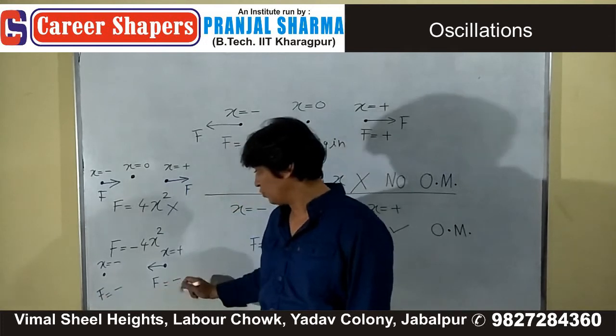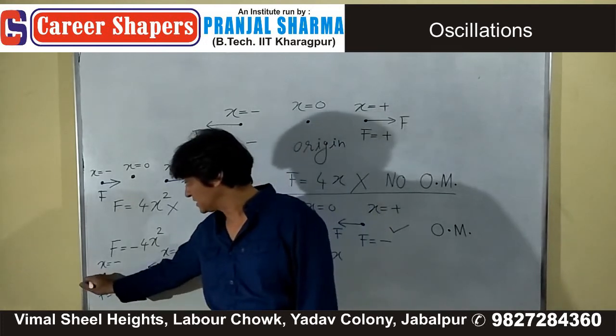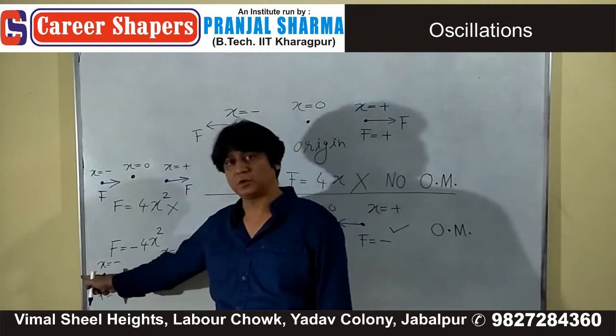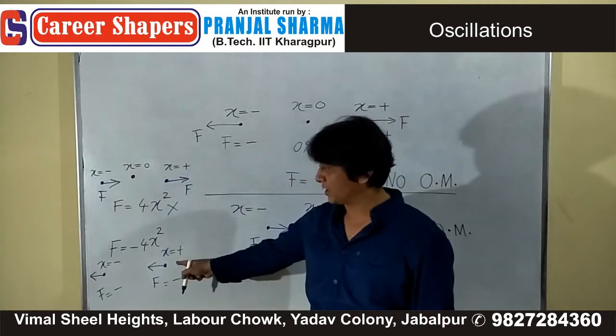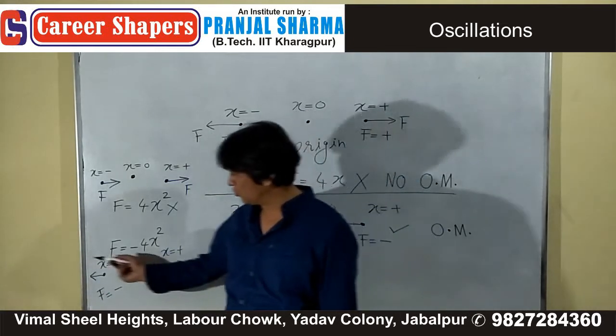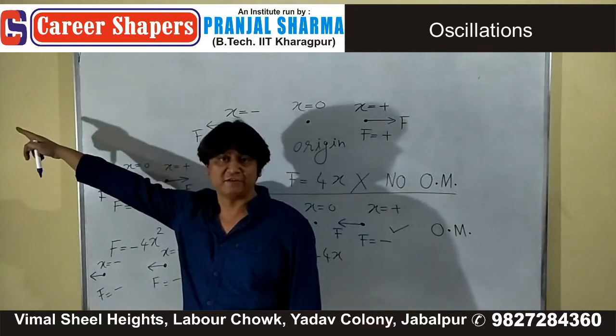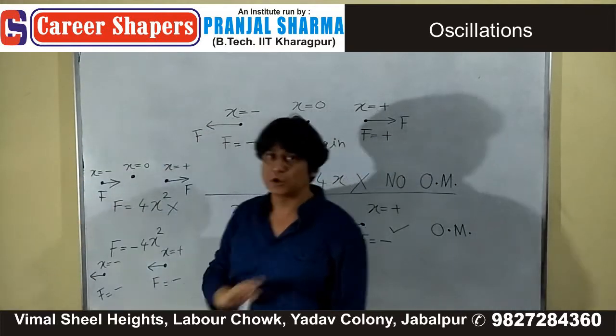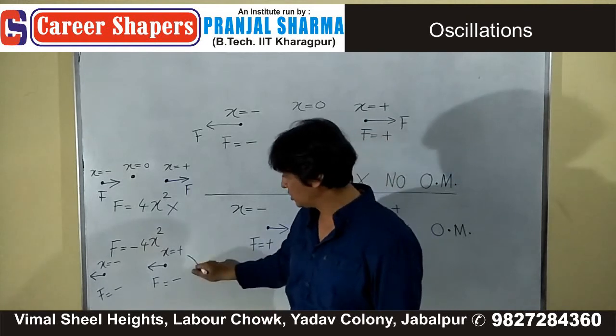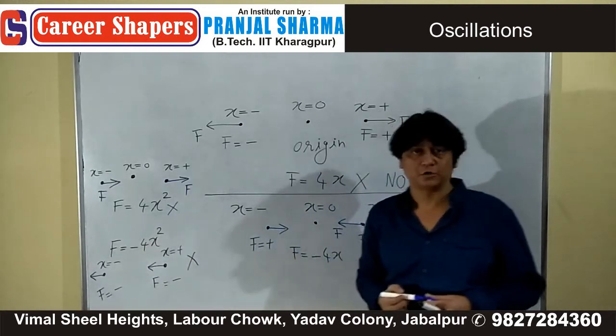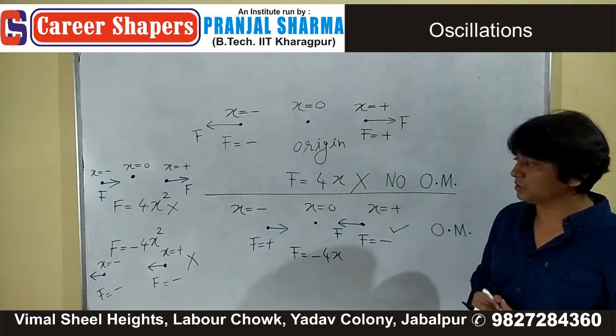That means it is still acting in this direction. Which means this object, when released, will move towards negative infinity. It will never come back. There is no to and fro, and therefore it is also not an oscillatory motion.